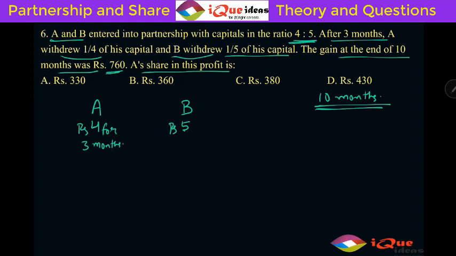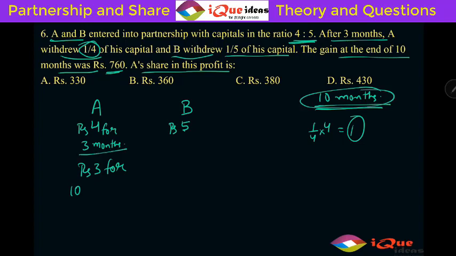Then what happened? Then he has withdrawn 1/4 of his capital. Now 1/4 of 4 is 1. So he has taken out 1 rupee. So out of 4 rupees, if you take out 1 rupee, the remaining will be 3 rupees. Now this remaining 3 rupees is still invested for how many months? Total time period 10 months, out of which 3 months are gone. So 10 minus 3, that is 7 months.